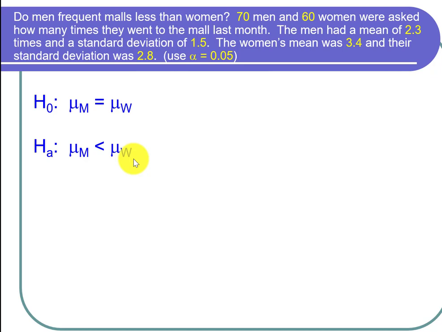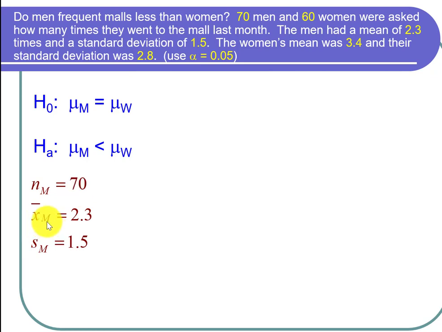All right, now let's write down the numbers that were given and the symbols that correspond to them. Notice we had 70 men, and the men had a mean of 2.3 and a standard deviation of 1.5. So I can write n sub m, the sample size for the men, is equal to 70.